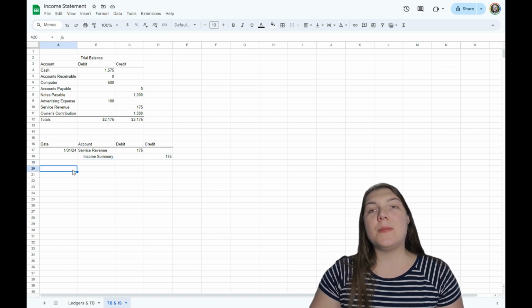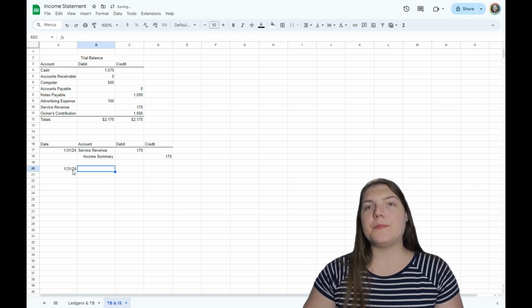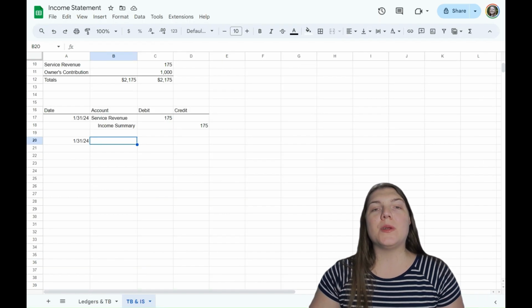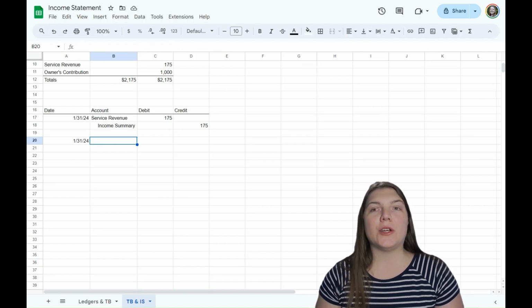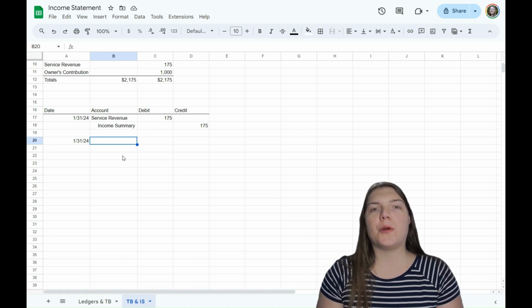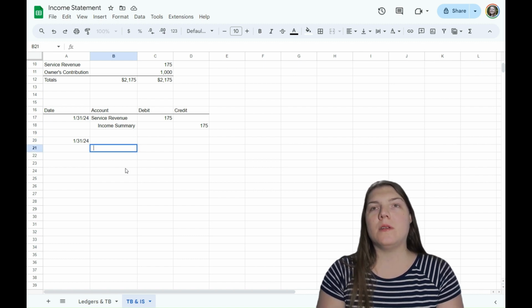Now we deal with the expenses. We only have the one expense right now, advertising expense. So same date. Now advertising expense is already a debit, so in order to make it zero, we need to credit it. So I'll jump down a line because debits are always listed before credits. This is just a stylistic thing that the powers that be have decided: debits go first, credits go second. So that's why we're doing that.